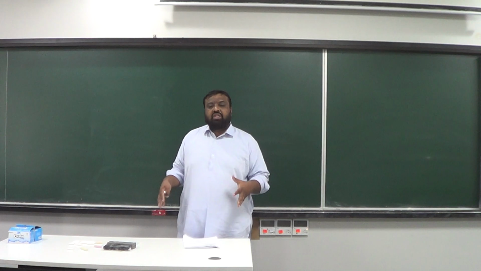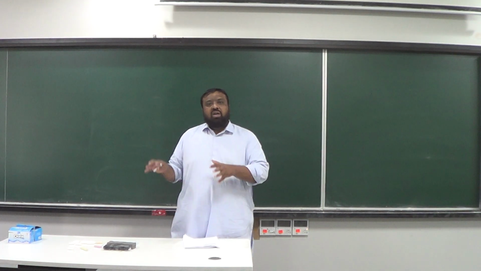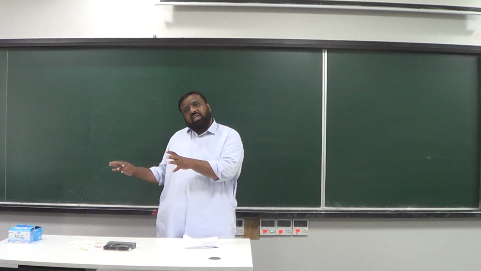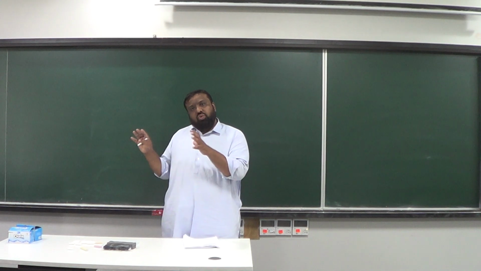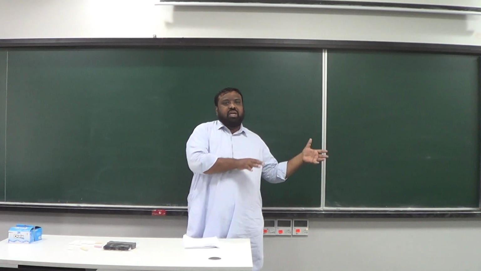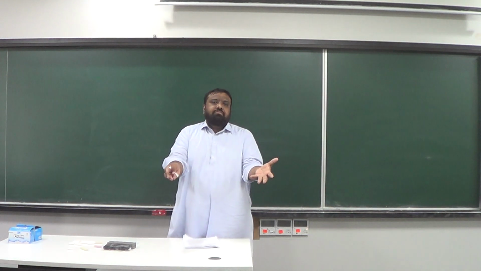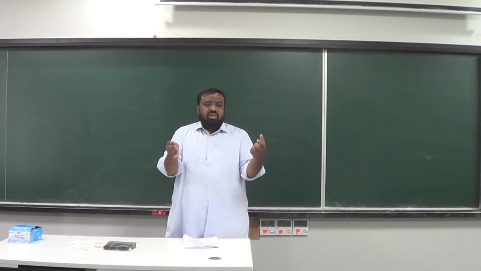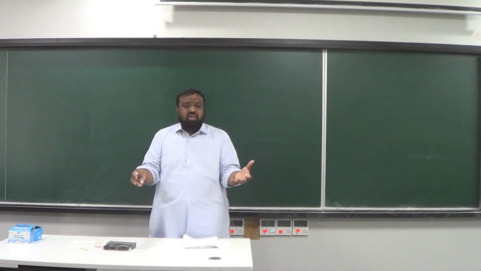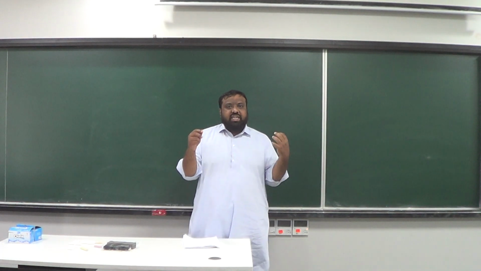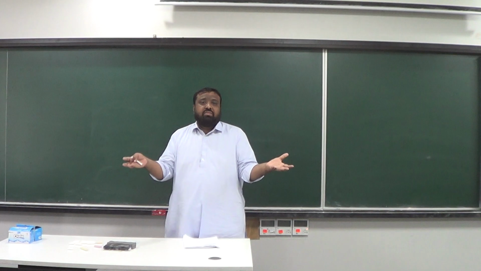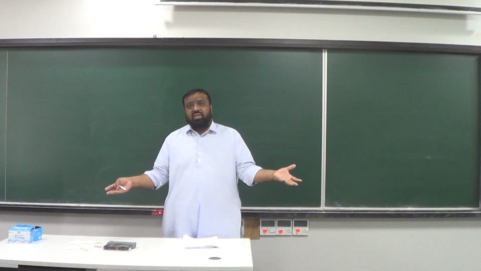So today we're going to move from one random variable to two random variables, or even more than two random variables. In other words, you have an experiment, and in that experiment you identify two random quantities or more than two random quantities.